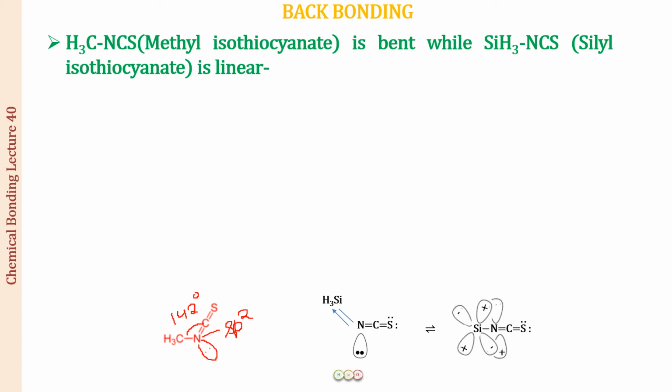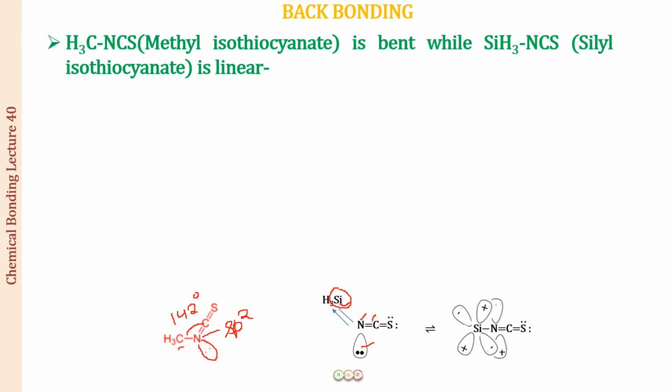Now, on the other side, if you look at silyl isothiocyanate, we have nitrogen again making a double bond, a single bond with silicon, and again a lone pair of electrons. But this time silicon has vacant d orbitals, which carbon did not have.